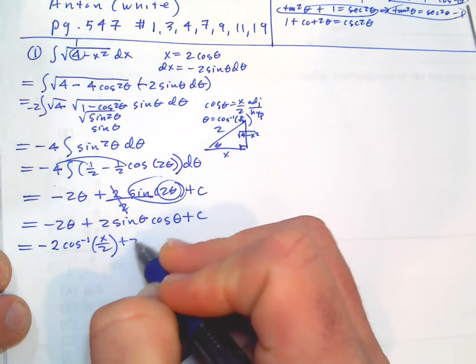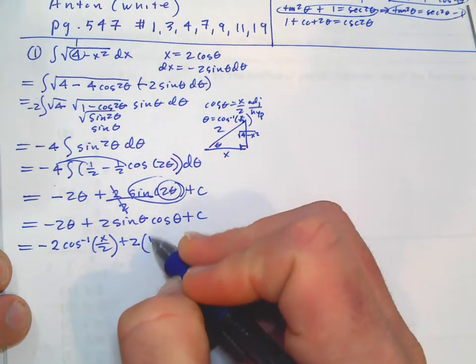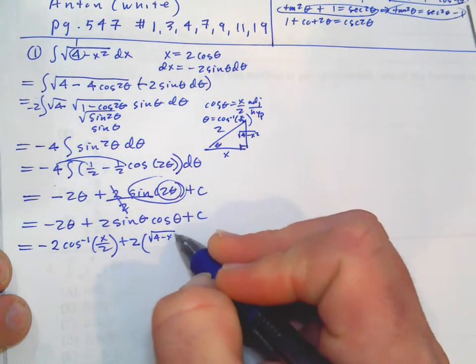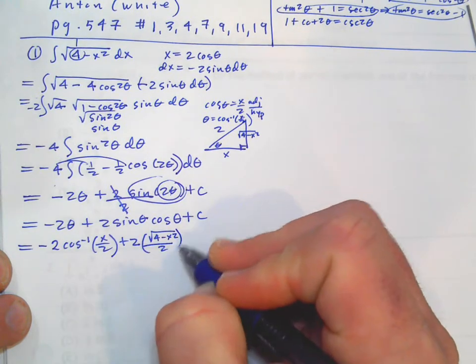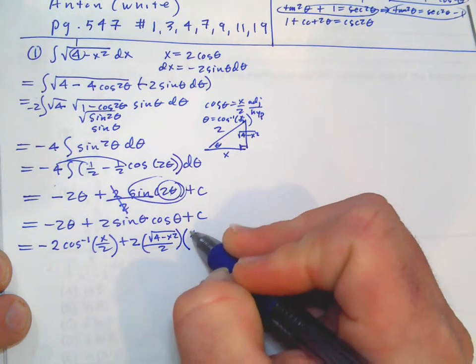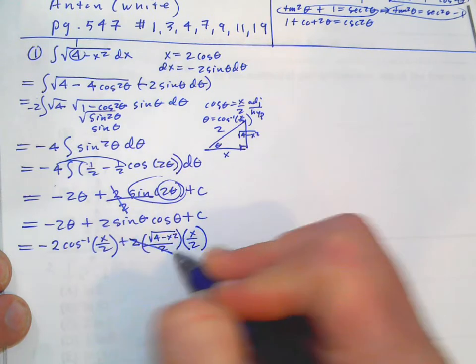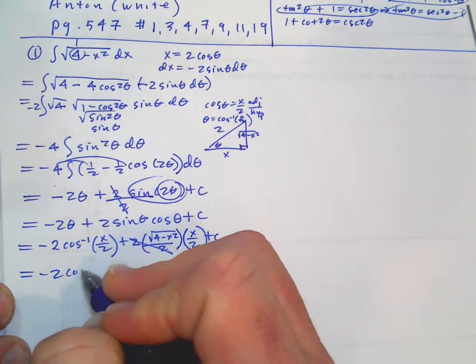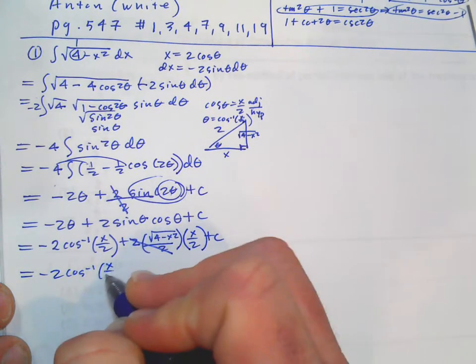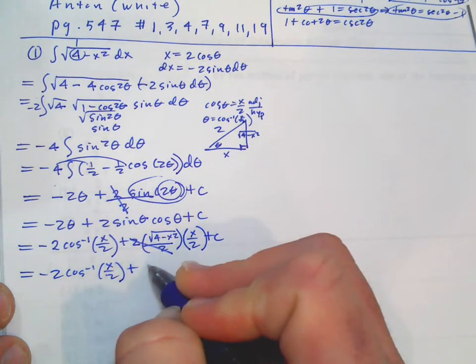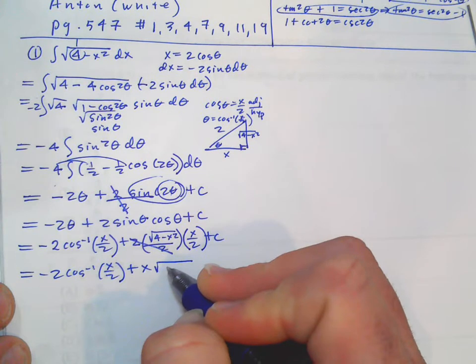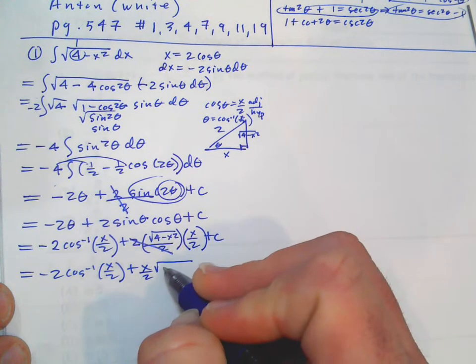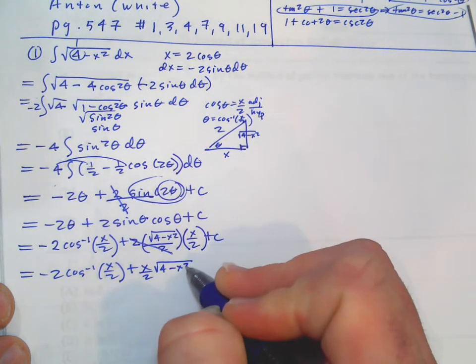And then sine is opposite over hypotenuse, and cosine is adjacent over hypotenuse. So the final answer is going to be negative 2 inverse cosine of x over 2 plus x over 2 times the square root of 4 minus x squared, plus c.